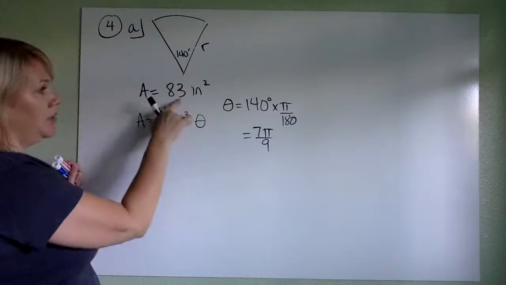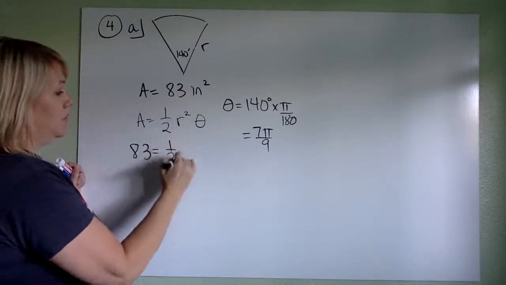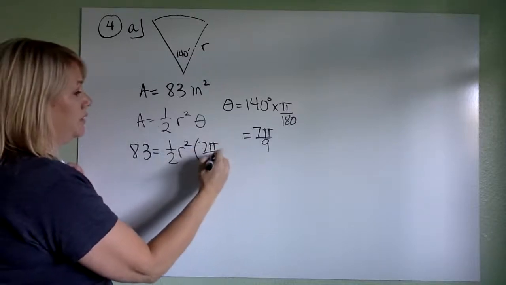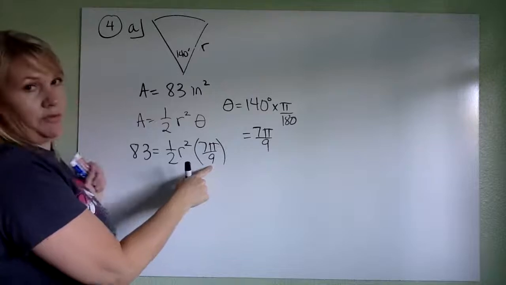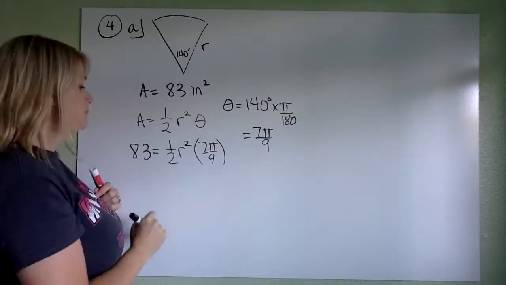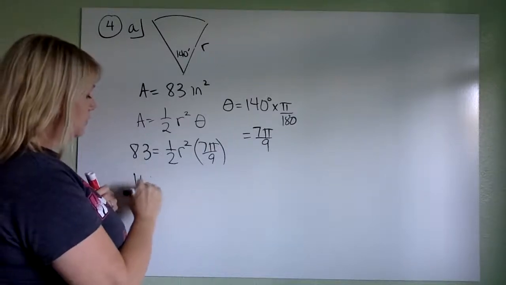So we plug everything we know in. 83 goes here for the area. We don't know what r is, but we know the angle is 7 pi over 9. If you put the decimal for 7 pi over 9 in here, but you round out to like 4 numbers after the decimal, you should be fine. So then to get rid of the 1/2, we multiply by 2.